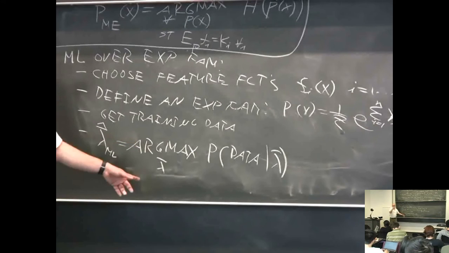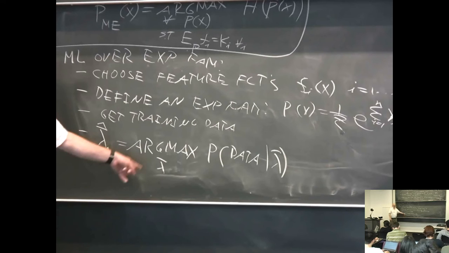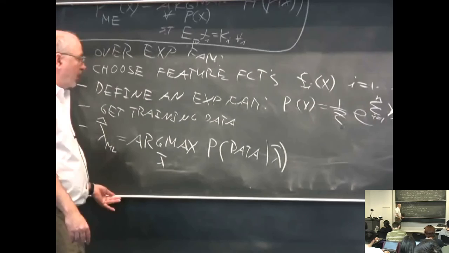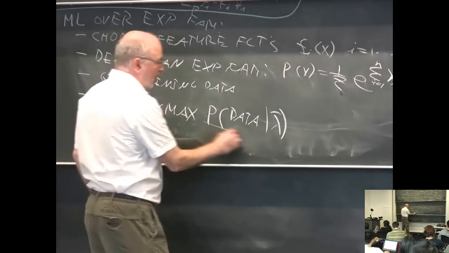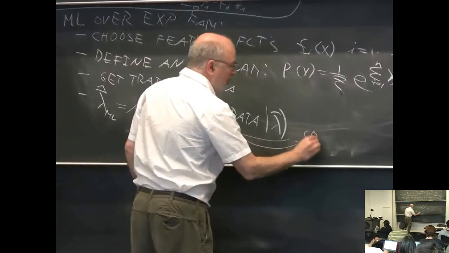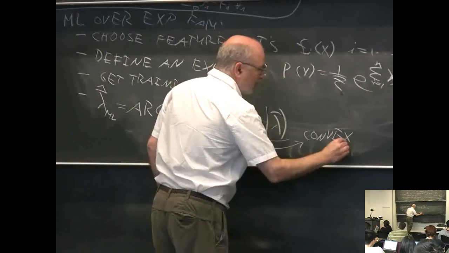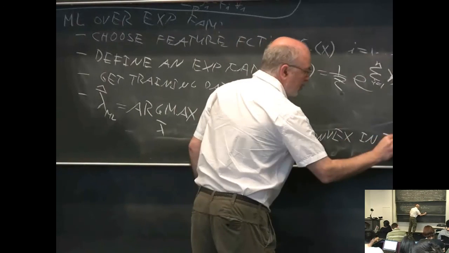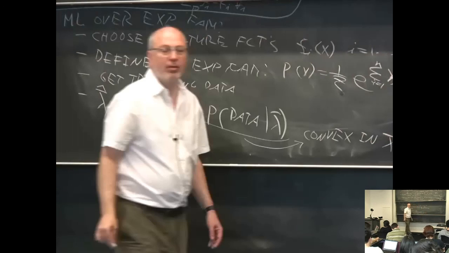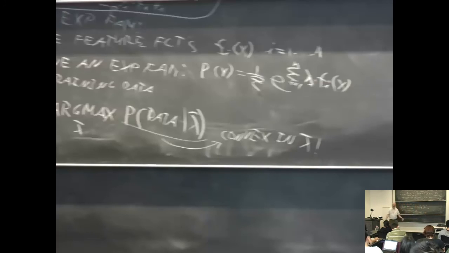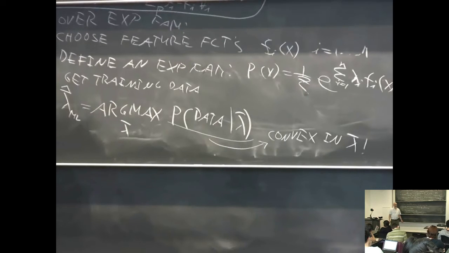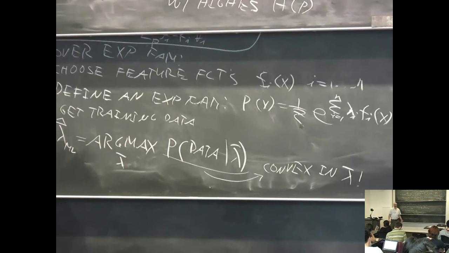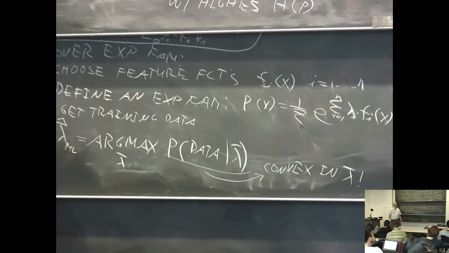And in this case, we have a constructive method for finding these values. It starts with the observation that the likelihood function is convex in the lambdas. So searching that space is not going to be hard. And there is a guaranteed unique maximum. You're not going to get stuck at a local maximum.